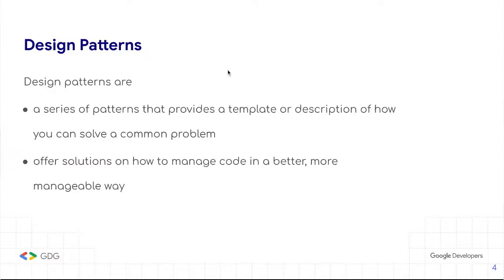So that is why design patterns was introduced, just so that you can solve some of the complexities that arise when you use objects, because objects is very vast. When you use it in especially larger projects, it can become very messy if you don't know how to handle them properly. And design patterns offer solutions on how you can manage your code in a better and more manageable way.